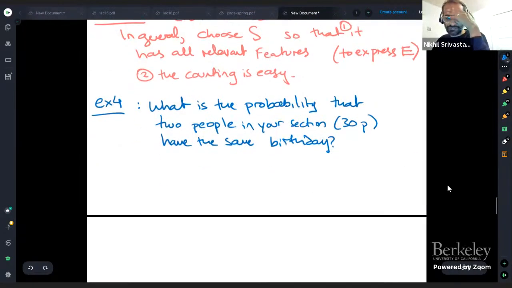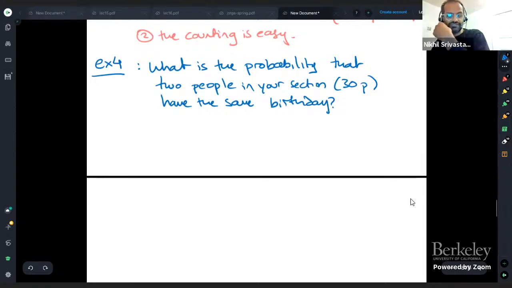Now this is a little different from the previous examples because it's not clear what the experiment is. So this is why I'm stressing this: sometimes people ask questions like this. Always ask, what is the experiment?